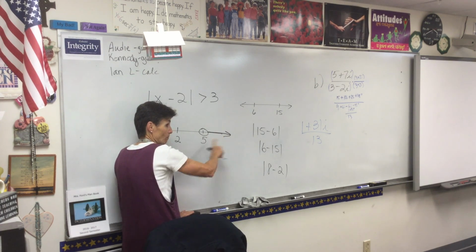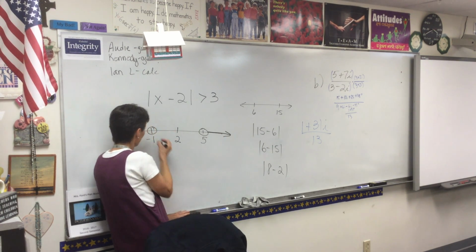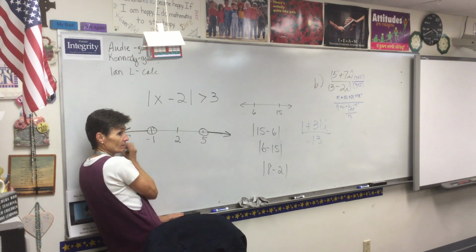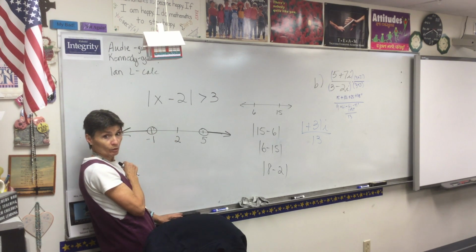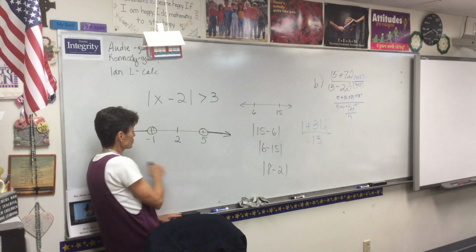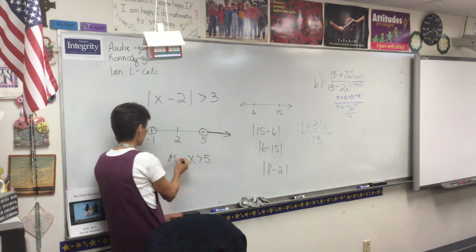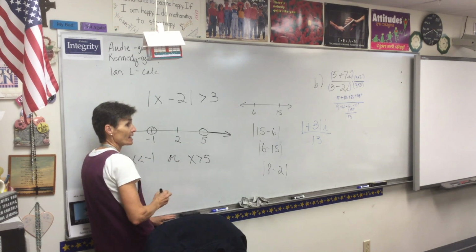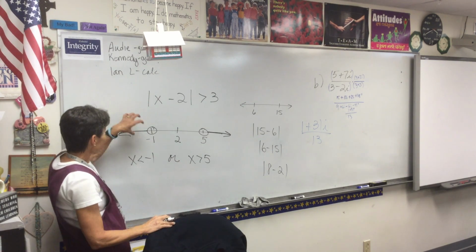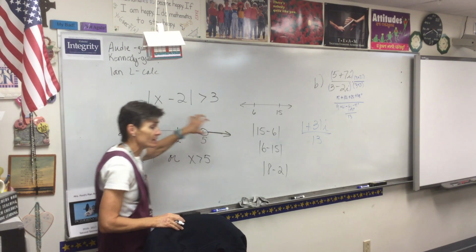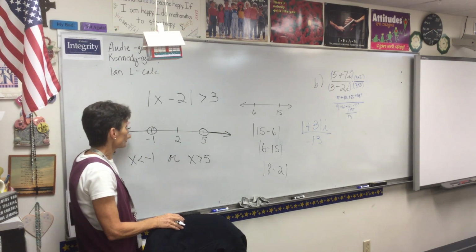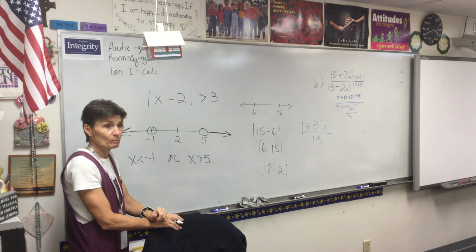All those numbers are more than 3 away? Or back here? All those numbers are more than 3 away? So my answer is everything bigger than 5 or everything less than -1. If I pick any number out here, it's going to be more than 3 units away from 2.